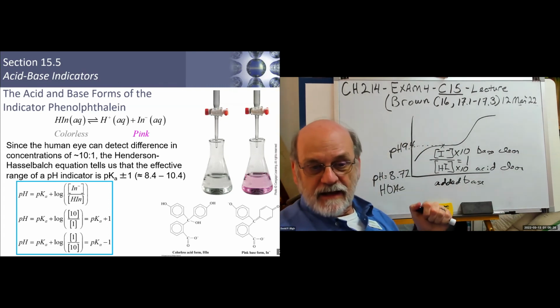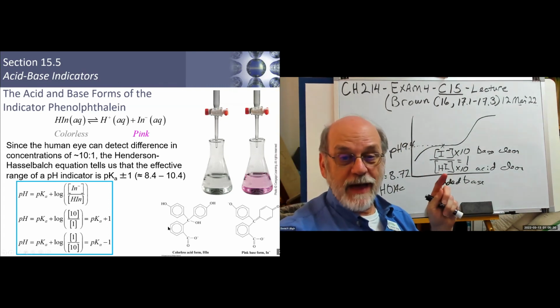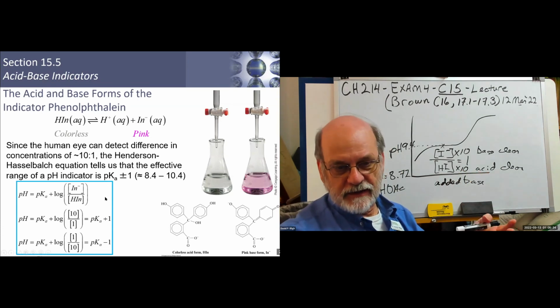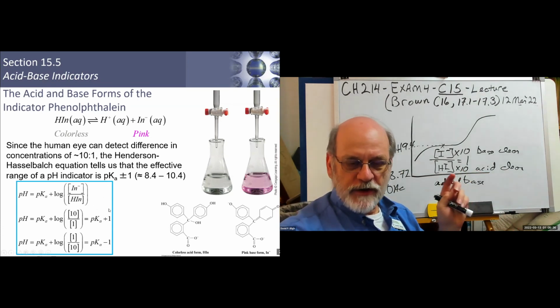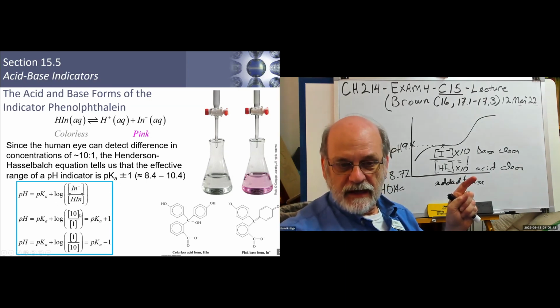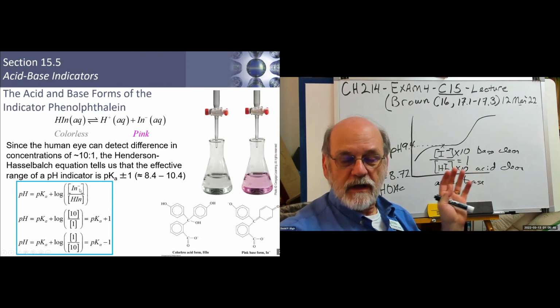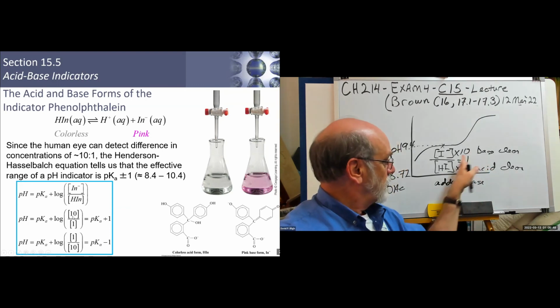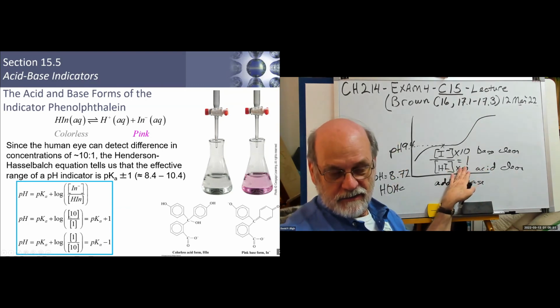Okay. So what does that range happen to be? Well, that's where Henderson-Hasselbalch comes in. So if we say that the indicator ratio here is 10 times as much conjugate base as acid, that means 10 is in the numerator and 1 is in the denominator.